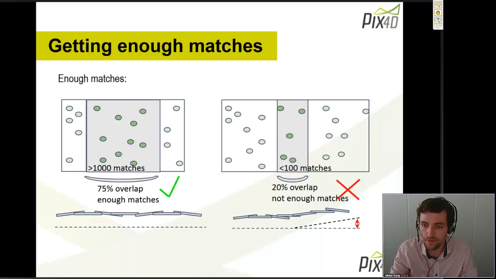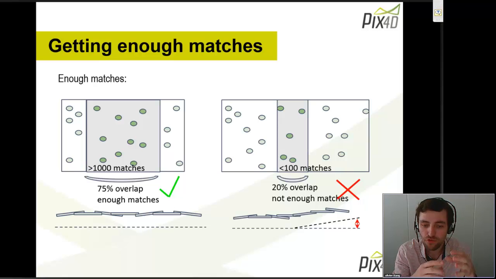In our technology, we are trying to compute as many tie points, as many key points which will produce tie points, as possible. The good news about that is that it allows Pix4D Mapper to model and to estimate many more parameters than traditional photogrammetry. One of these parameters is a small consumer-grade camera.